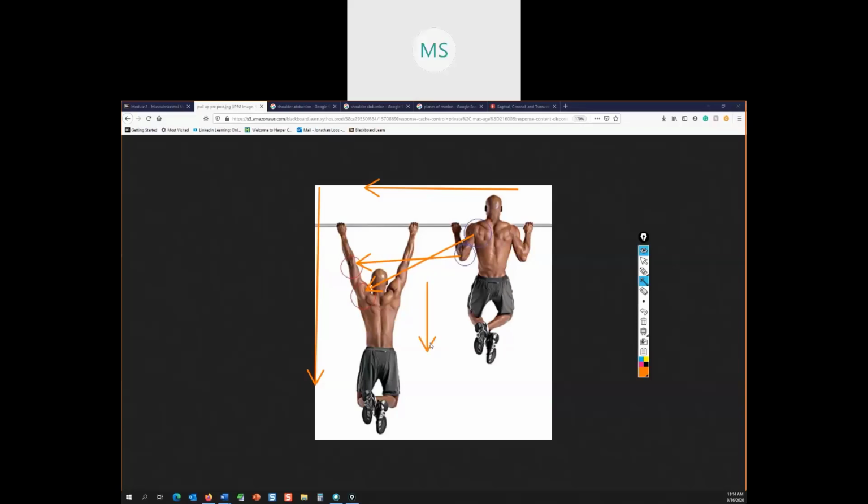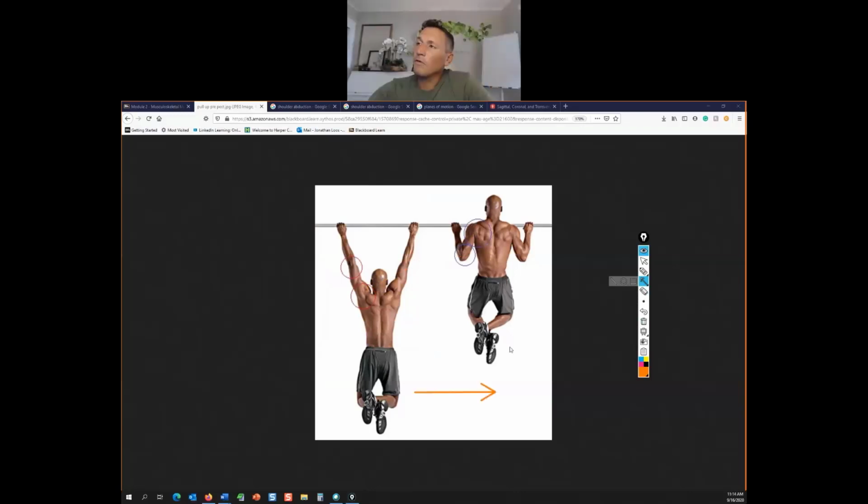The example you have on Blackboard, I think it says it's all concentric movement. Well, it was when we're going from left to right. That was concentric. But when we go from right to left, now it's eccentric. Where on Blackboard do I have that?